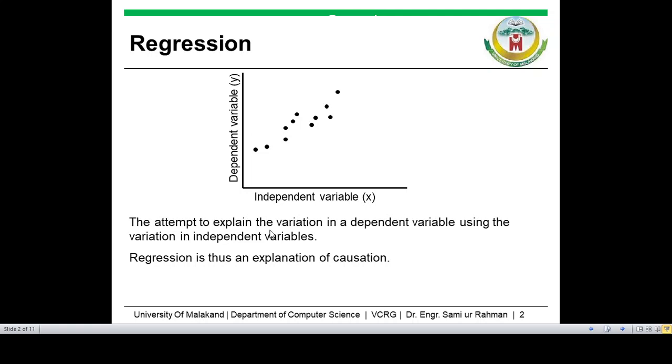So in regression, we try to explain how these two are related, or what function can be used to explain the variation in variable y when there comes some variation in variable x. So regression is thus an explanation of causation, like an explanation of cause.